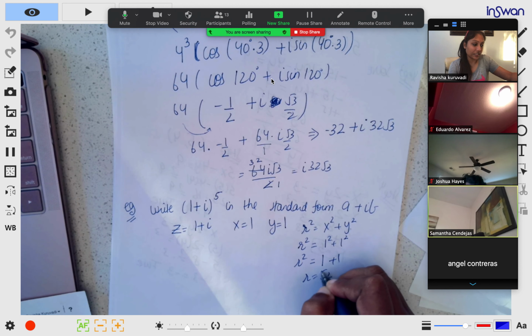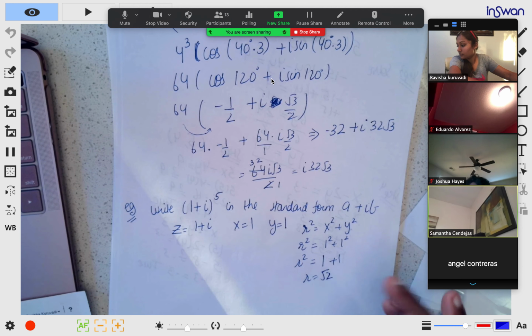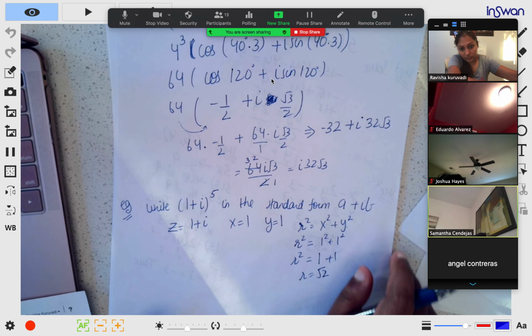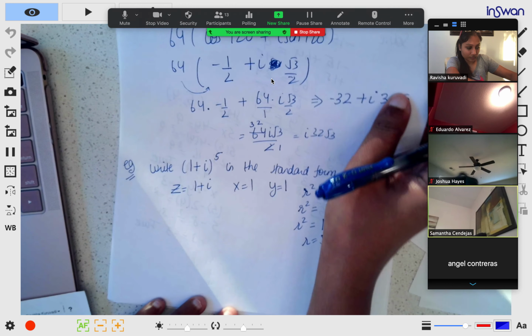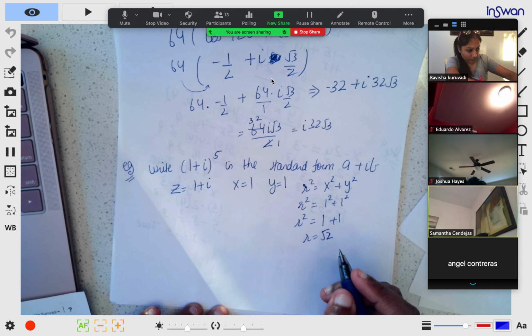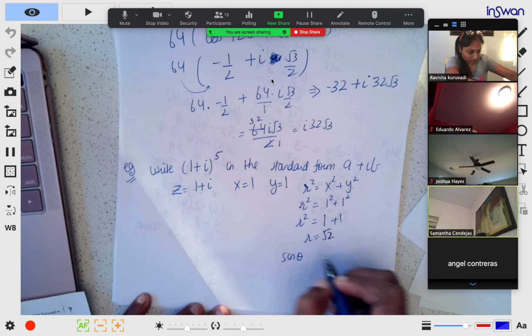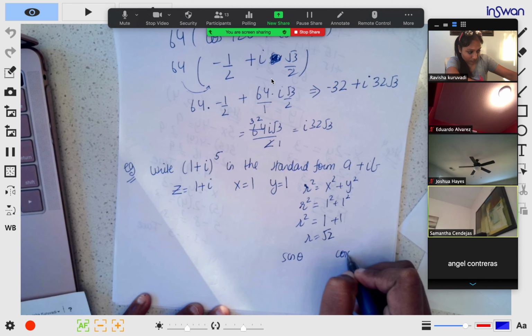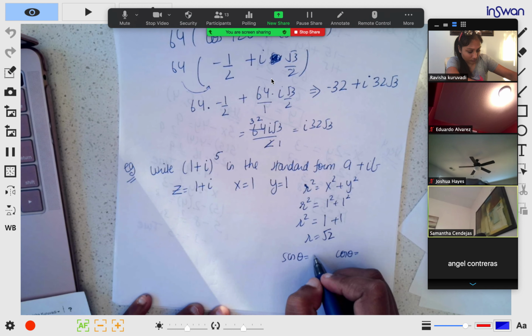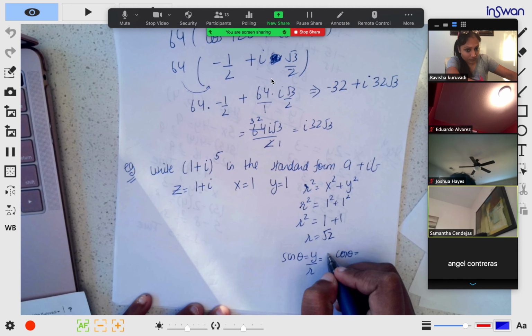How do you find theta? Sine theta is y over r, and cosine is x over r.